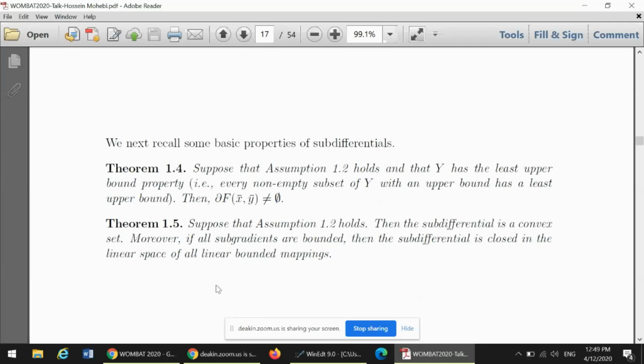Next result is, suppose that assumption 1.2 holds, then the subdifferential of F is a convex set. Moreover, if all subgradients are bounded, then the subdifferential is closed in the space of all linear bounded functions.